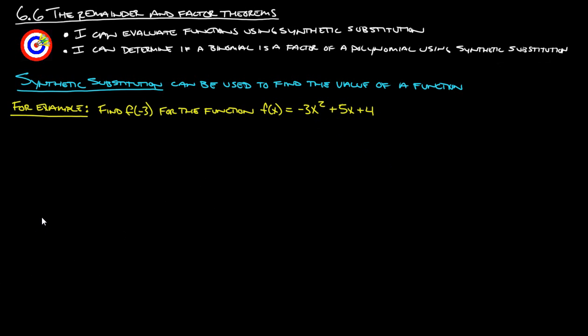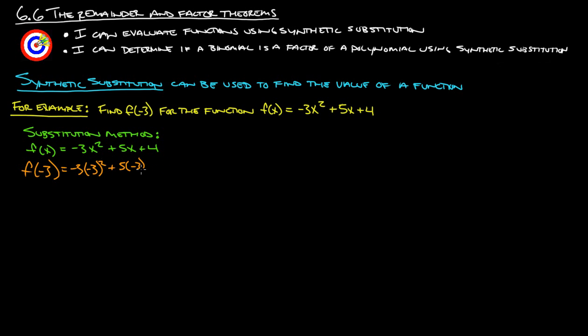Now the regular substitution method, we start with the formula and then we say, okay, we want to substitute in f of negative 3. So all the x's turn into negative 3. So we do negative 3 times negative 3 squared plus 5 times negative 3 plus 4.